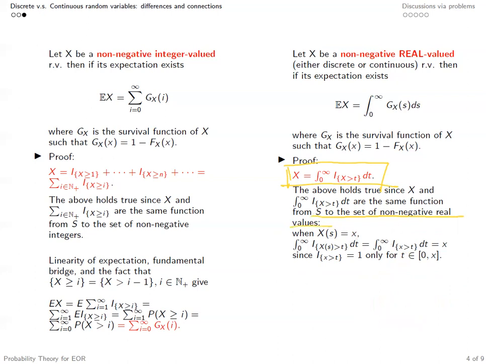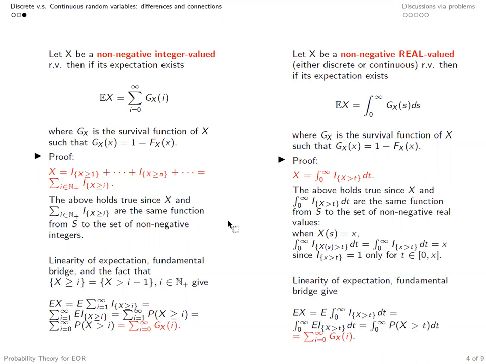And the next thing is we can make use of, again, linearity of expectation or linearity of the Riemann integral, and the fundamental bridge to deliver the final results.